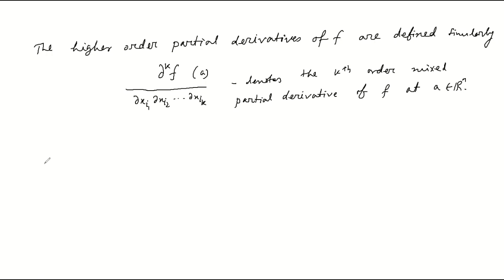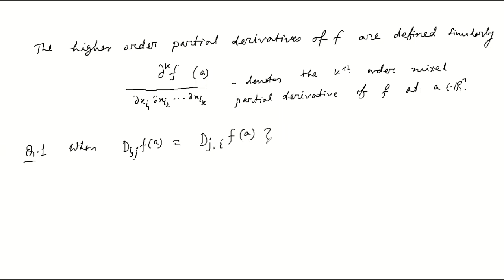Now here we have the following natural question. Question 1: when is d_(i,j) f at A equal to d_(j,i) f at the point A?